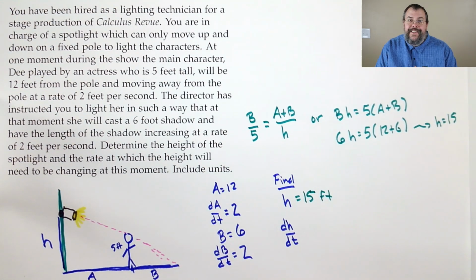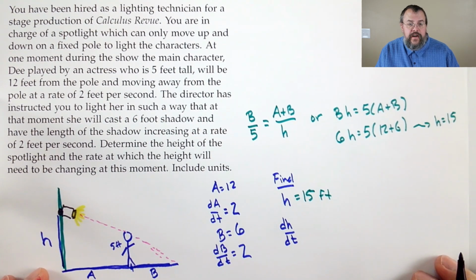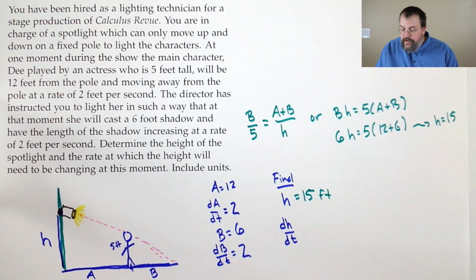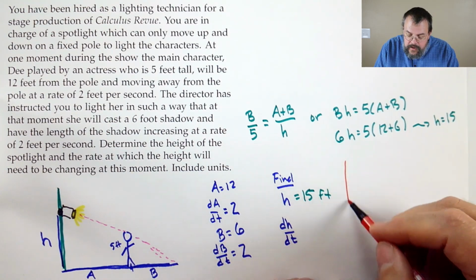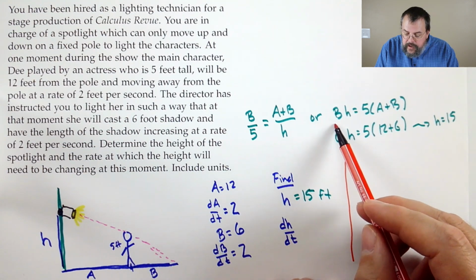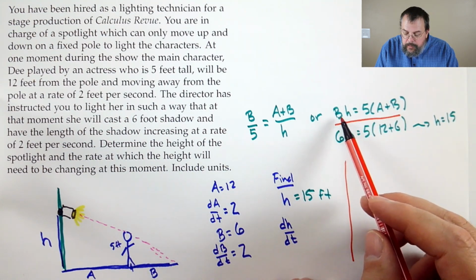All right, good. Now, we're not done because we also need to find dH/dt. For that, it's time to take a derivative. So here we go. Let's grab another color here, and take the derivative. Product rule.